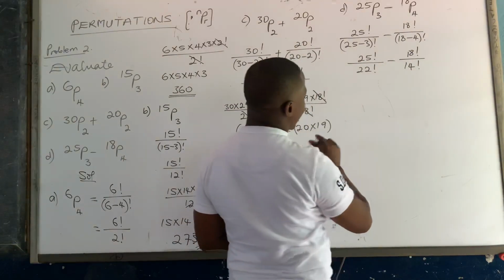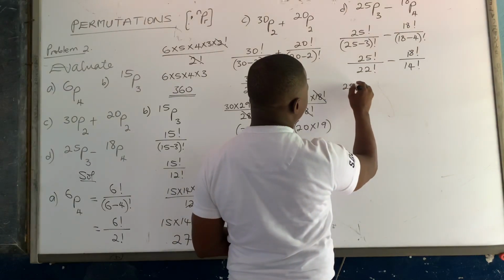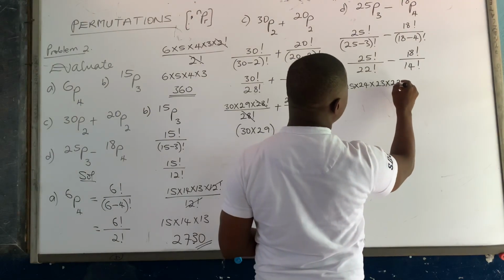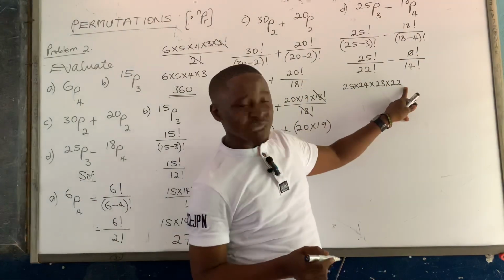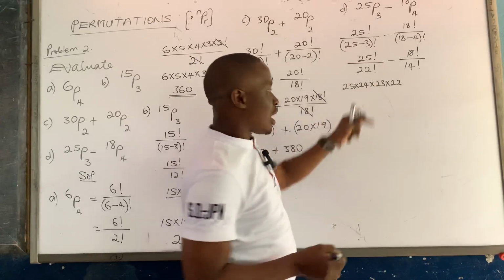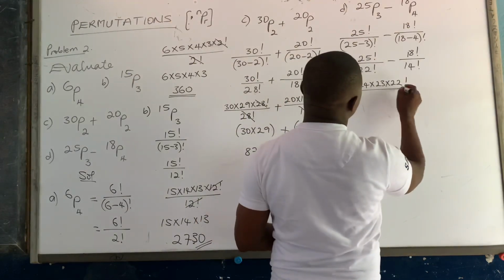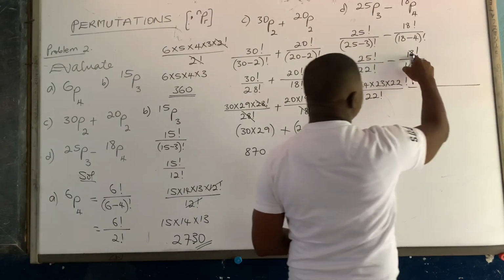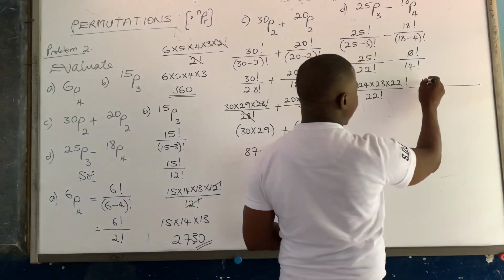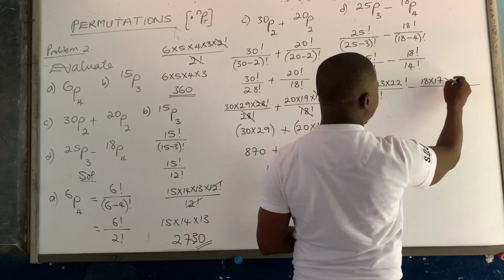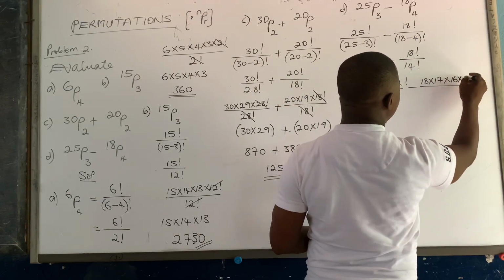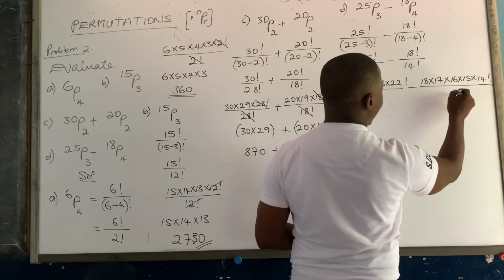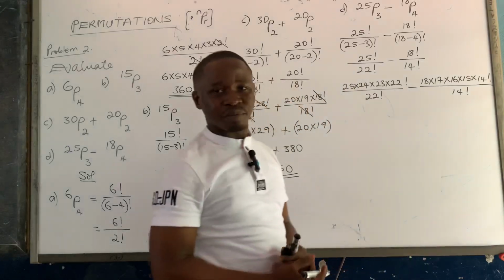So with 25 factorial, we can say 25 times 24 times 23 times 22. We choose to stop here simply because we have 22 factorial down here. Divide by 22 factorial. 18 factorial again, we say 18 multiplied by 17 multiplied by 16 multiplied by 15 multiplied by 14 factorial, divide by 14 factorial.